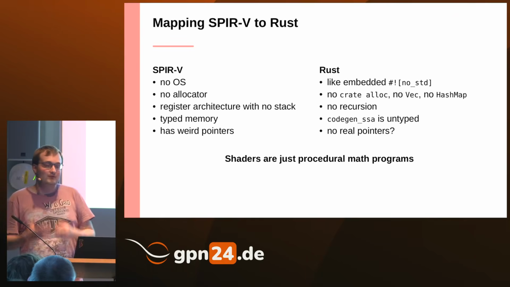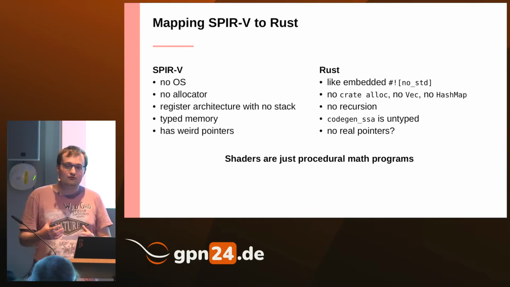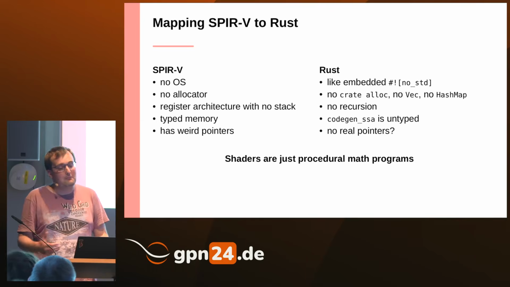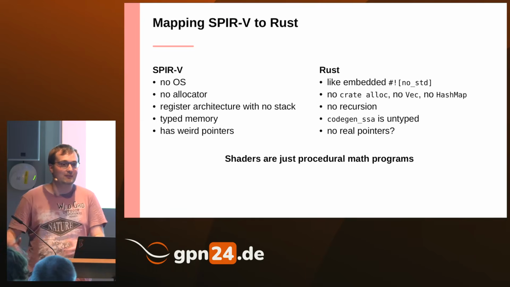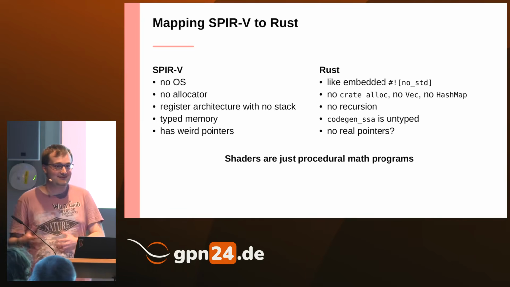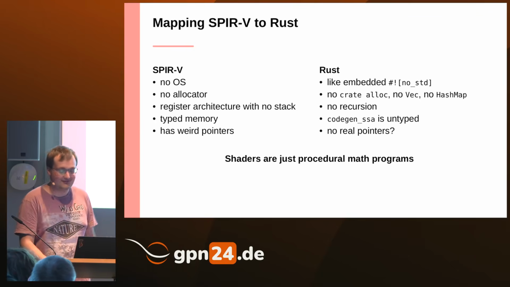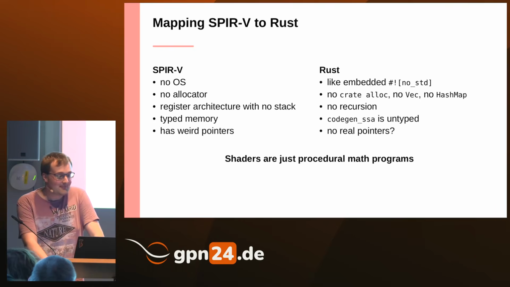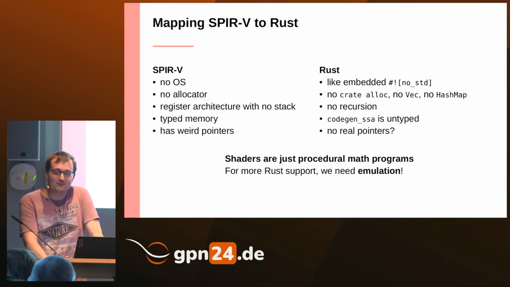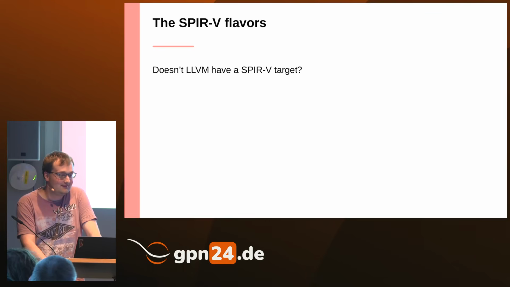What it really comes down to is that shaders are really just procedural math programs. They're built for number crunching. They're not built as an arbitrary general purpose programming language. So if you want to support more Rust, the only real option we have is emulation. Just try to emulate as many features as we can inside the compiler.